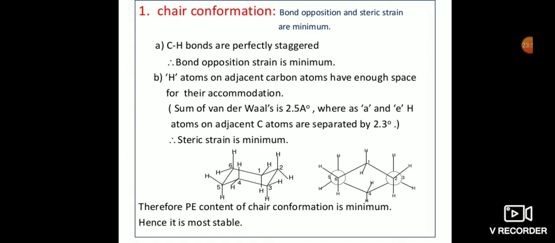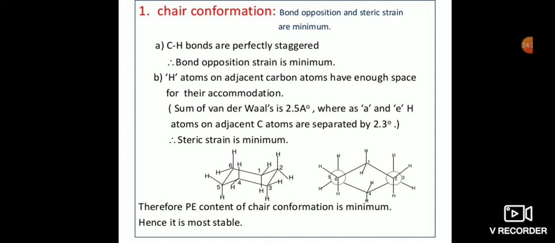CH bonds are perfectly staggered. In the chair form we have already discussed how to draw the structures in the board work. We have discussed it earlier, so you will have a better idea of how to draw the structure of cyclohexane by the Newman projection formula.